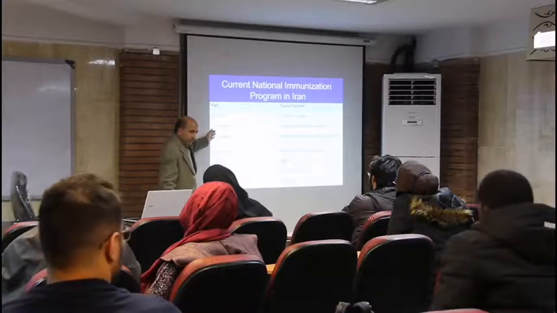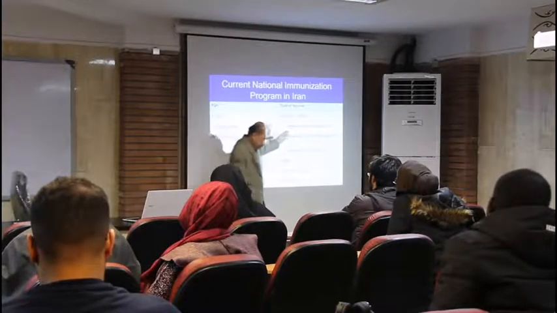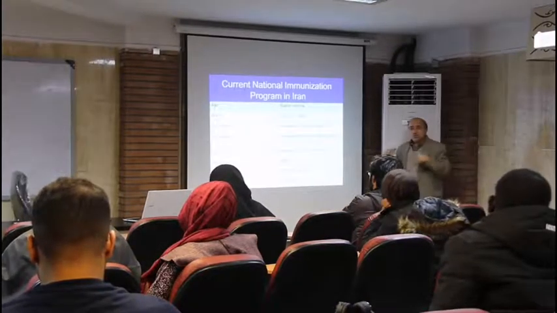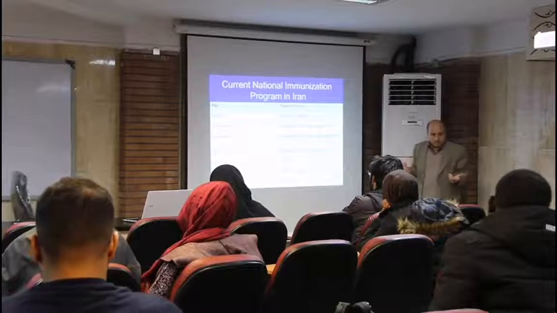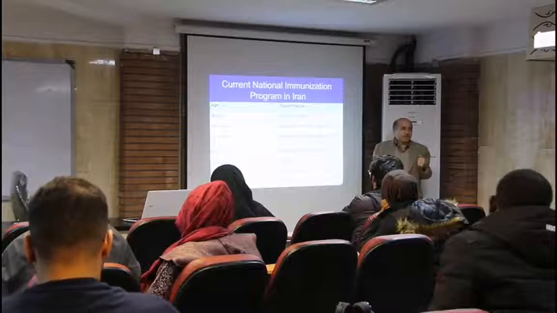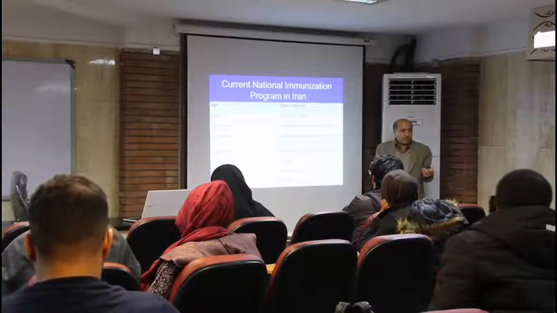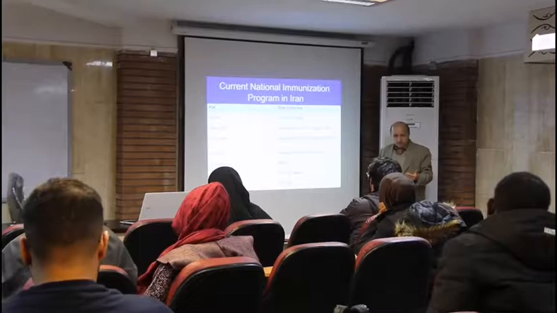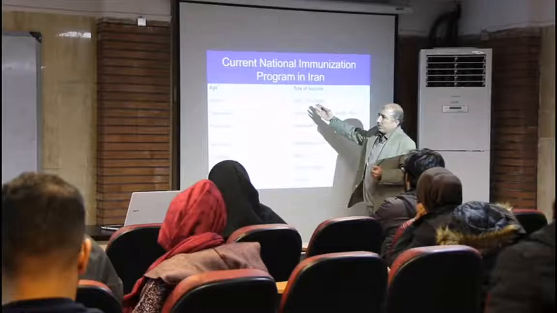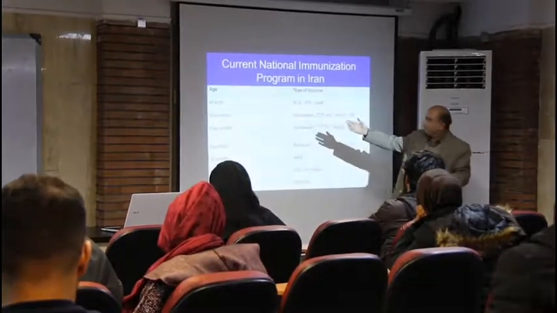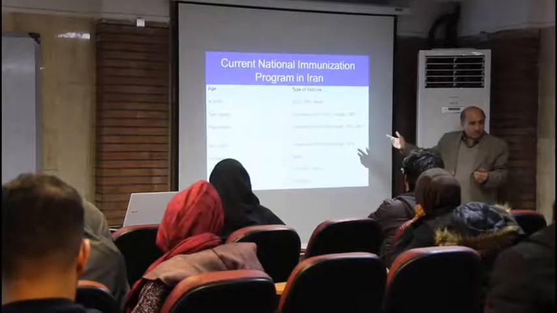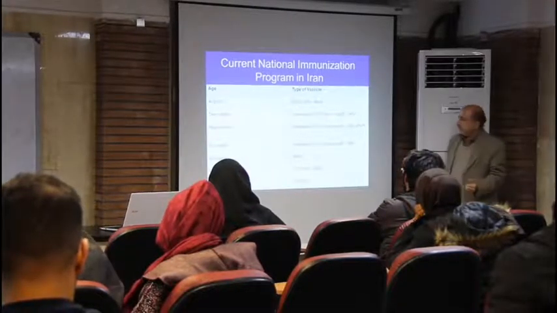The column on the left is related to age, and the column on the right is the type of vaccine. For example, for a neonate, a baby who was born soon, at birth we give BCG, OPV, HepB. Is it clear? Thank you very much.